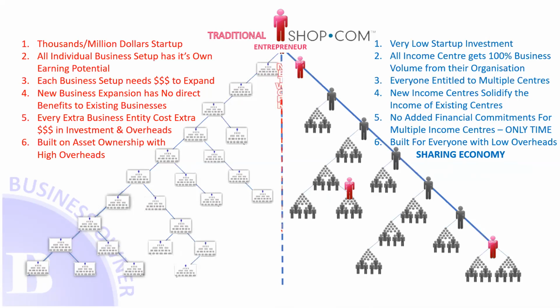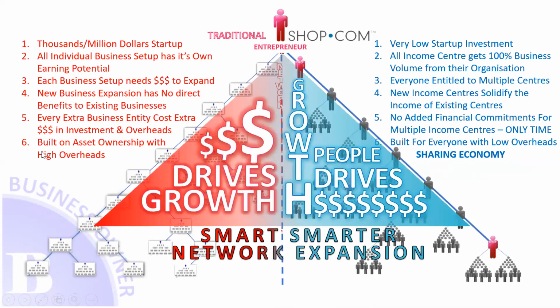So if you extend the income centers, you only need to spend time to build them. And it is built for everyone with very low overheads. And that's why we call it sharing economy, because it's based on people power. The more unfranchised owners and partners that we have, we can leverage one another's synergy and support. And so that's why we call it unfranchised business, in terms of supporting one another.